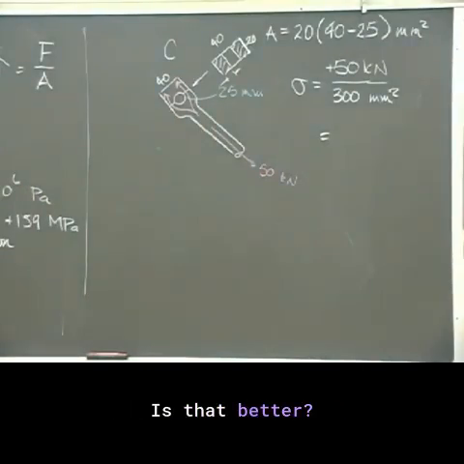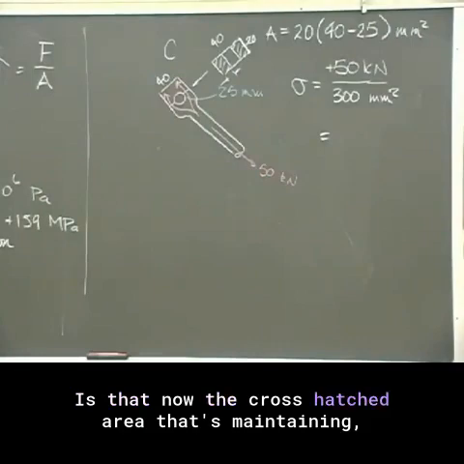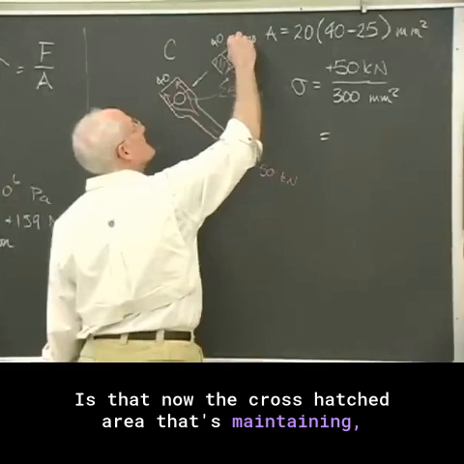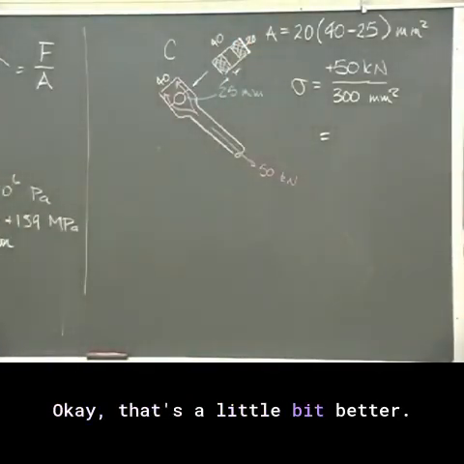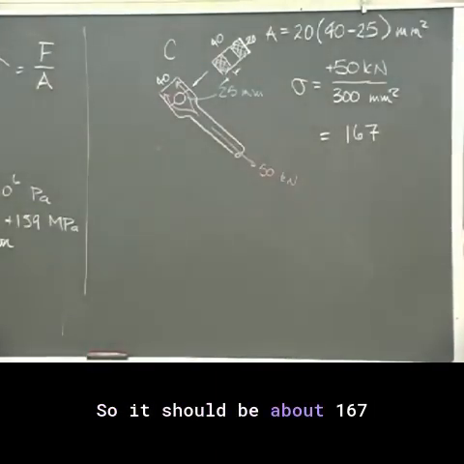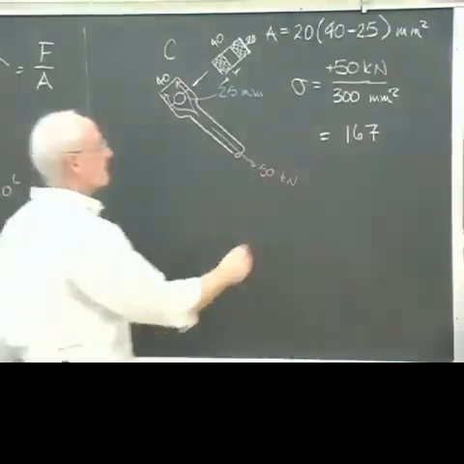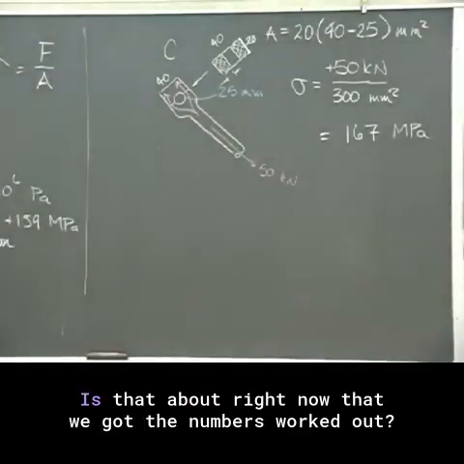Is that better? Is that now the cross-hatched area that's resisting that force? Okay, that's a little bit better. So it should be about 167 megapascals. Is that about right now that we got the numbers worked out?